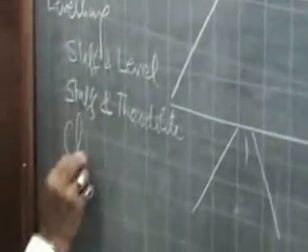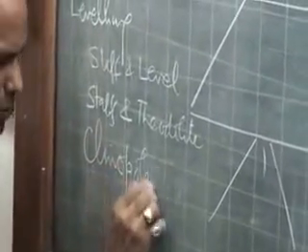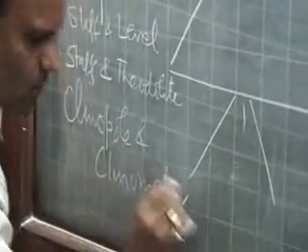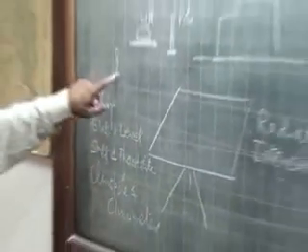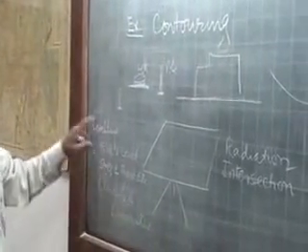If the object is very far off, in that case we use clinopole and clinometer. So we determine the elevations of these various points using a very simple technique.